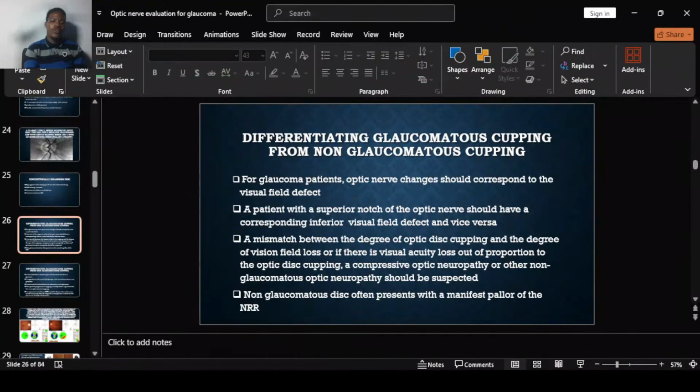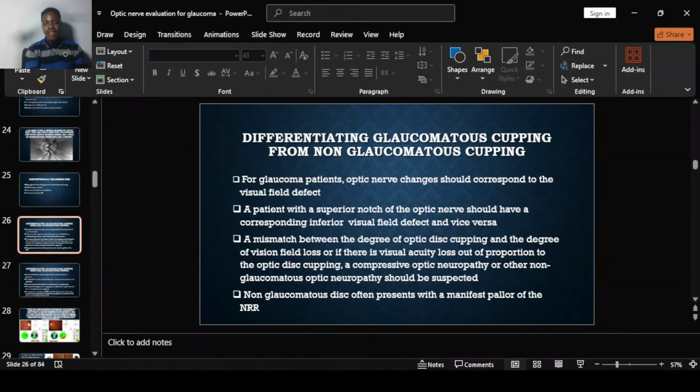Also, a patient with superior notch of the optic nerve should have a corresponding inferior visual field defect and vice versa. So if the loss in neuroretinal rim is superior, when we do our CVF test, we will find that there is an inferior visual field defect. So it's always in the opposite direction.